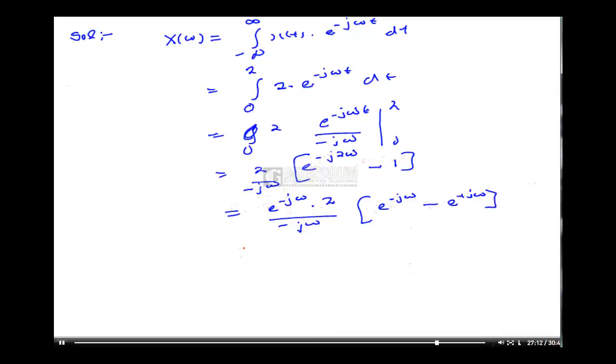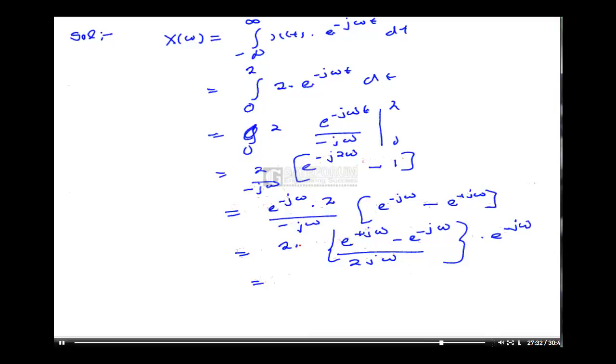So I can write this as 2 times e to the power plus j omega minus e to the power minus j omega upon j omega, times e to the power minus j omega.